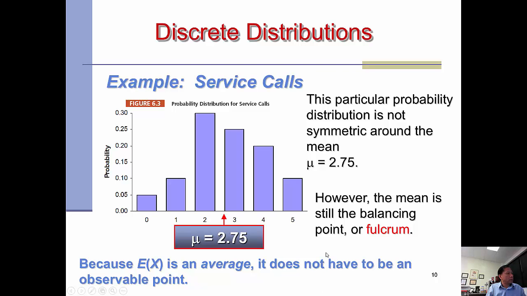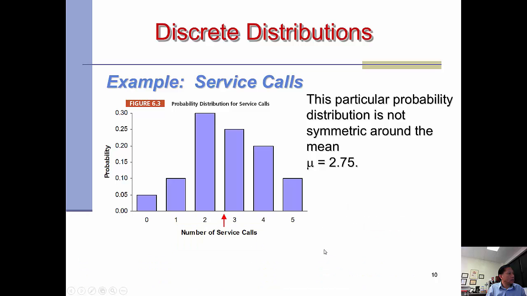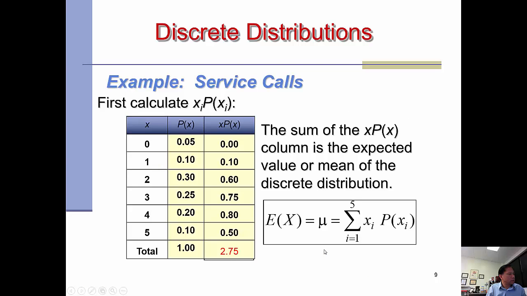So that's the probability. Now, why is it called the average or mean? When we calculate the mean of a population, how do we calculate it? We actually add up all the values of x and divide by the total number of values, that's n, right?